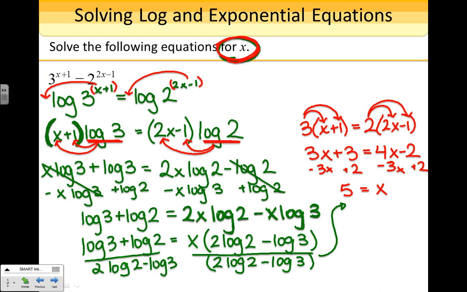So x is equal to log 3 plus log 2 divided by 2 log 2 minus log 3. Now when you put this in your calculator, make sure to put parentheses around both the numerator and the denominator. So go ahead and put that in your calculator. Log 3 plus log 2, make sure you have parentheses around that, divided by 2 log 2 minus log 3, and make sure you have parentheses around that.